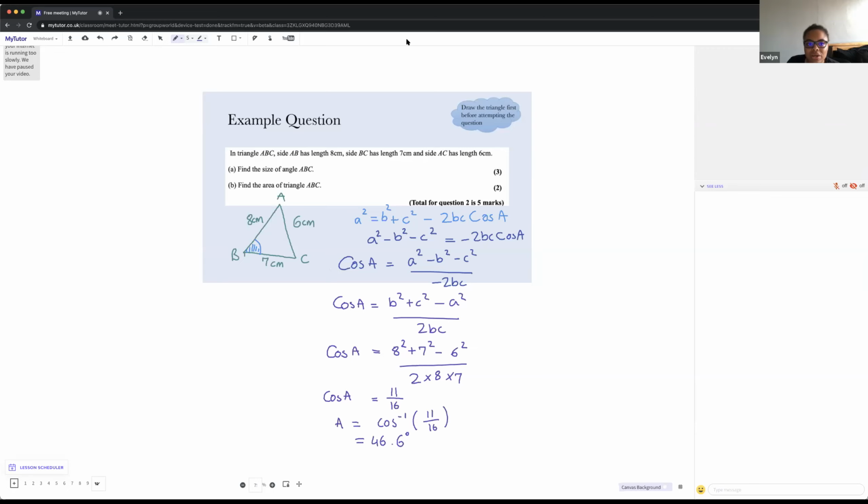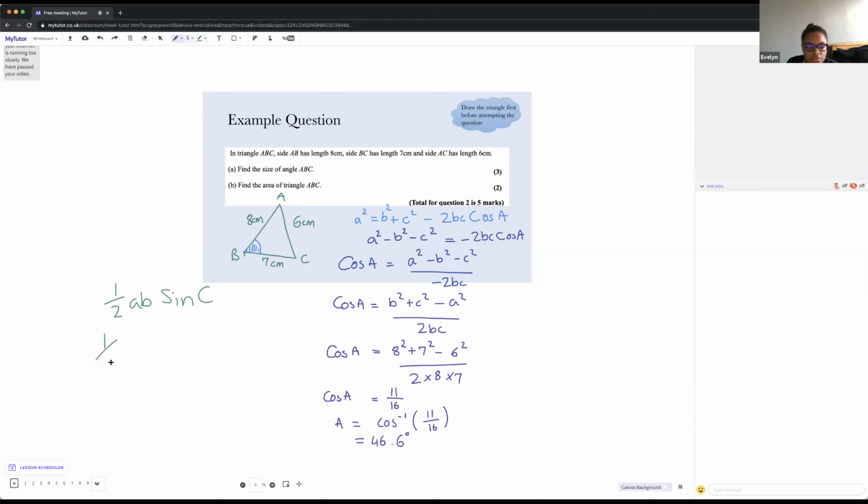Right, the second question we'll quickly go through as well. This one's not too bad. Remember, your equation for area of a triangle is half AB sine C. So all we need to do is use the angle that we got before and multiply by the lengths which are touching that angle.